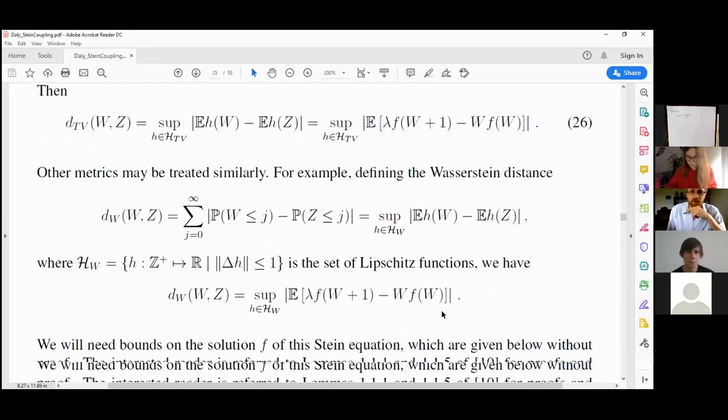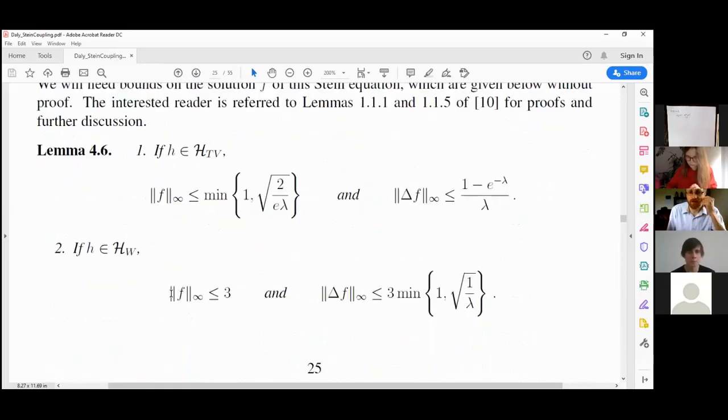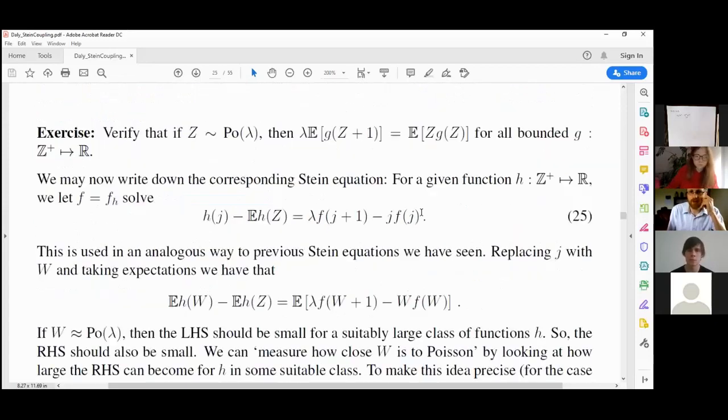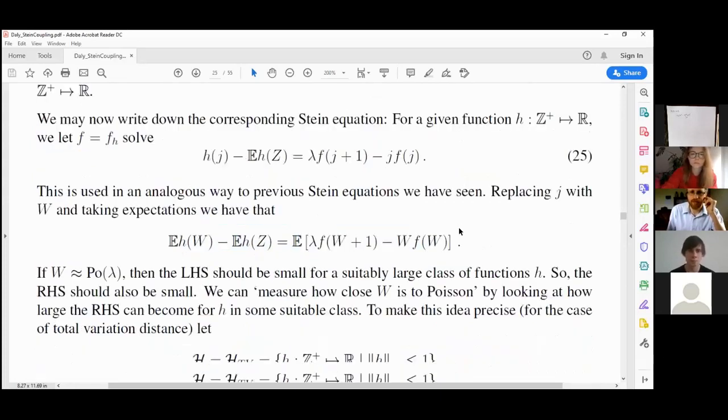The only thing that would change are the bounds that I have on the solution to that Stein equation. Let me just go back up a second. So that's the equation we're solving. I give you an h, you give me back an f. So f is a solution to that equation.